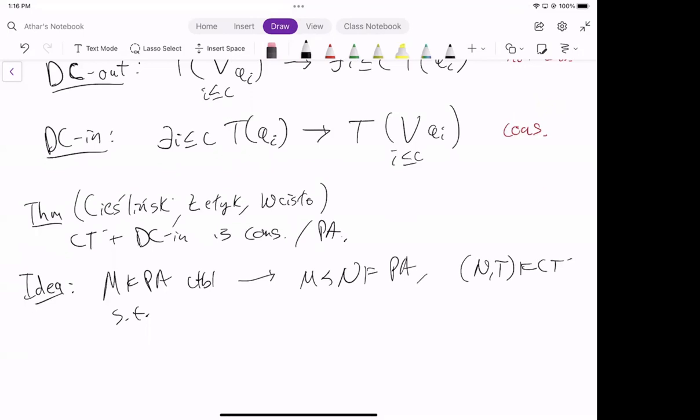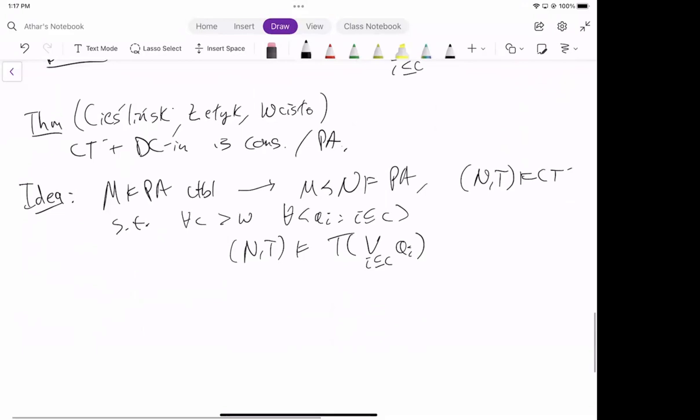So such that for any C greater than omega, and for any coded sequence with I less than or equal to C, T thinks that this disjunction is true. Okay. And this we refer to, I'm not sure if they use this term in their paper, but in conversation we've been referring to this as disjunctively trivial models.